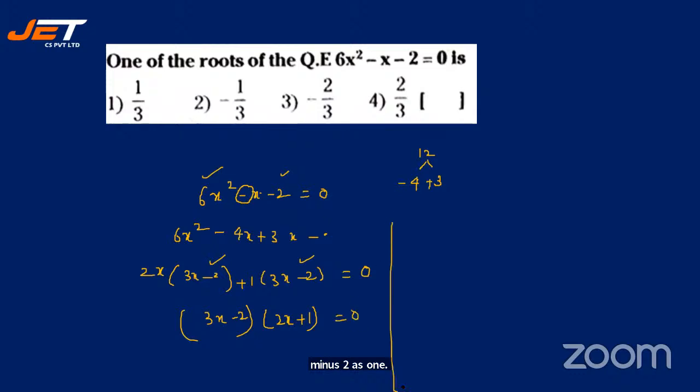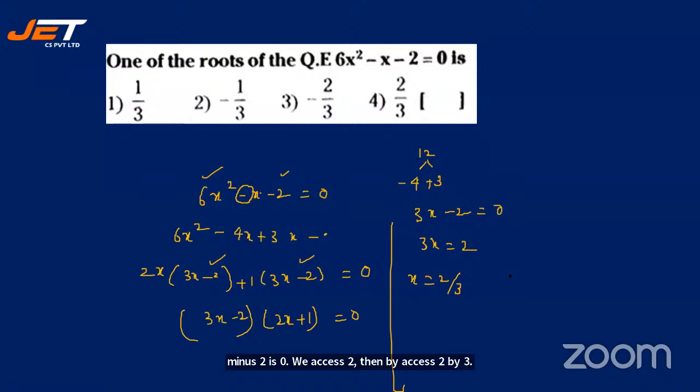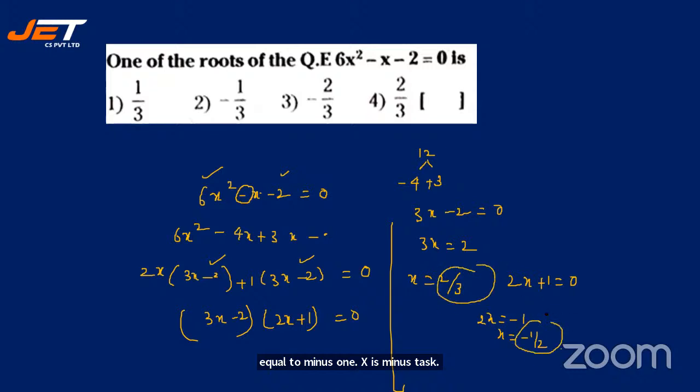All right, so 3x minus 2 is 0, 3x is 2, thereby x is 2 by 3. And on the other side, 2x plus 1 is 0, 2x equal to minus 1, x is minus half. All right, so you have two answers here. Let's see what they have asked. So which one is given over here? The option is minus 2 by 3. So that is why option 3 should be right.